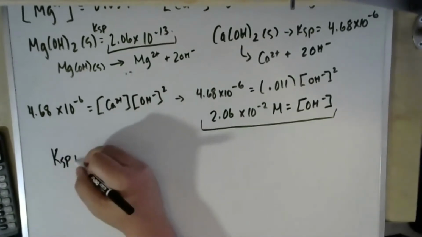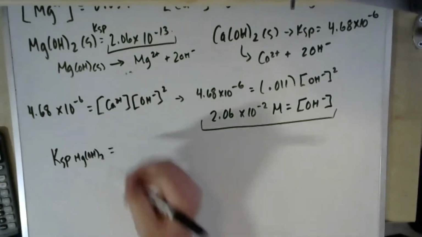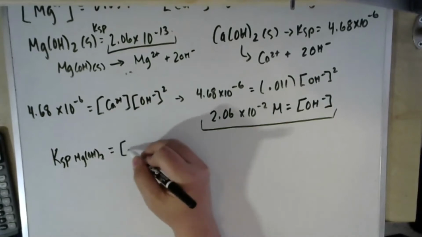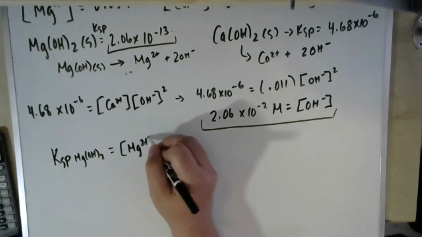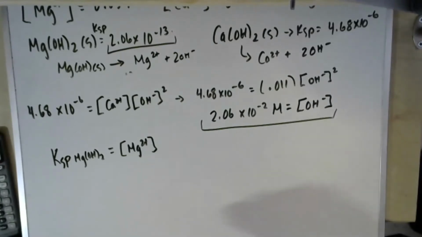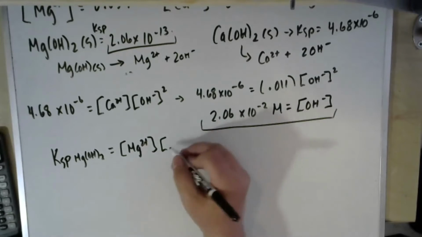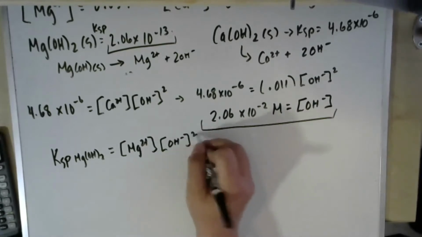Because our KSP for MgOH2 is still going to be equal to the concentration of magnesium. We could represent this as the magnesium that's left after the magnesium hydroxide has been precipitating all this time, times the concentration of our hydroxide ion squared.